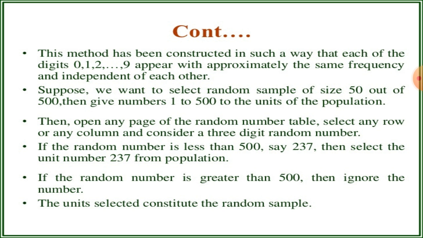If the random number is less than 500, say 237, then select unit number 237 from the population. If the random number is greater than 500, then ignore the number. The units selected constitute the random sample.